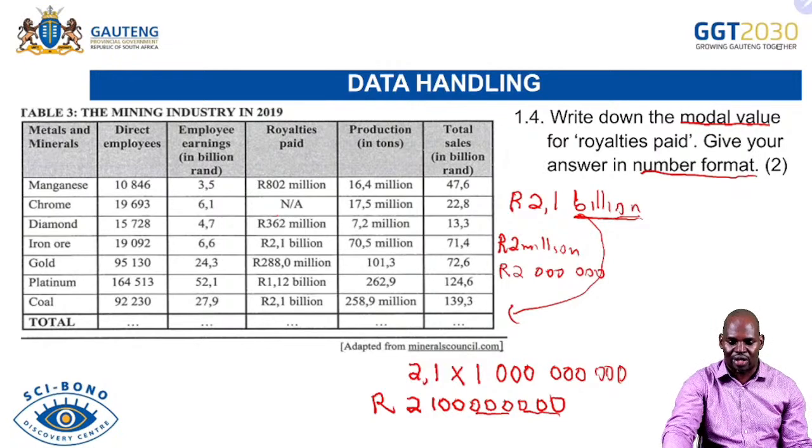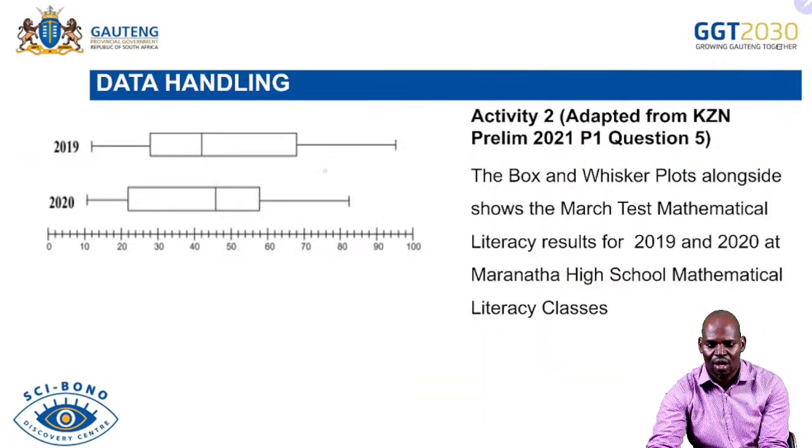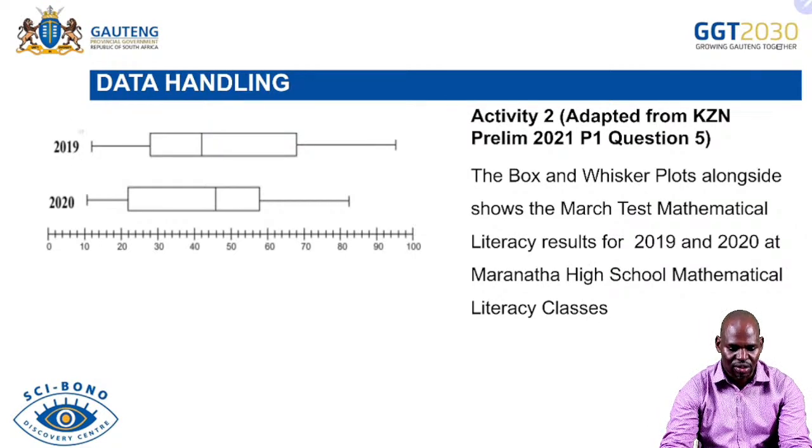Now with this information, they say the box and whisker plots alongside show the March test mathematical literacy results for 2019 and 2020 at Maranatha High School mathematical literacy classes.